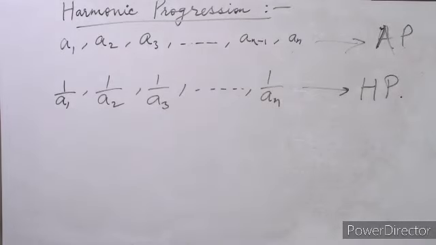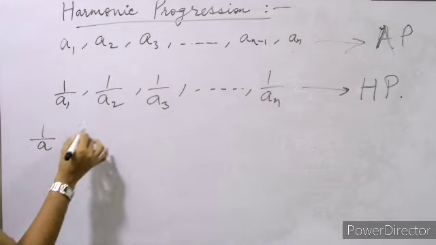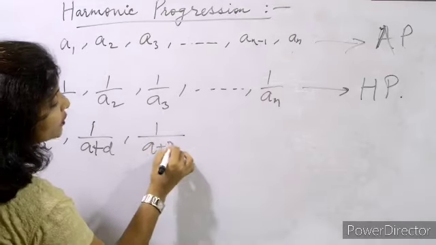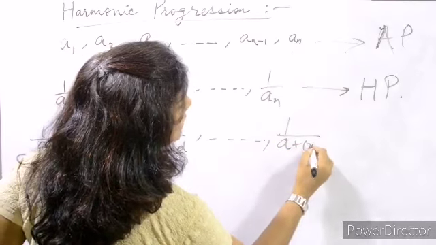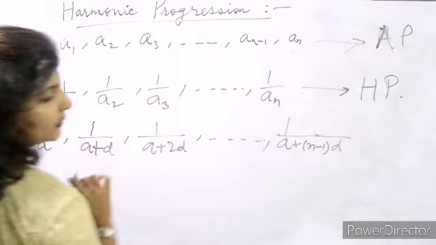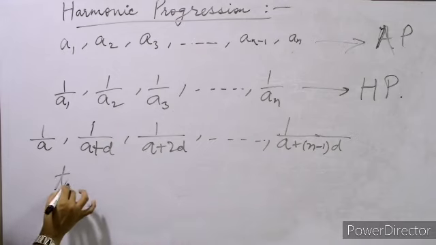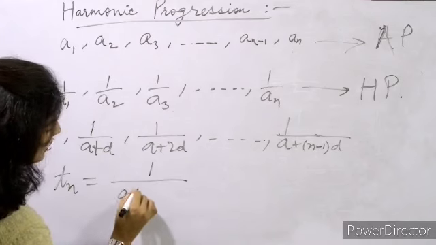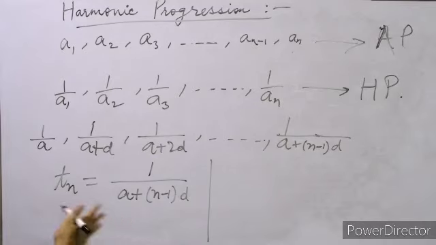So the general harmonic progression is like this: 1 upon A, 1 upon A plus D, 1 upon A plus 2D, and so on up to 1 upon A plus n minus 1 D. This is the nth term. Now the general term for HP, denoted by Tn, will be 1 upon A plus n minus 1 D.